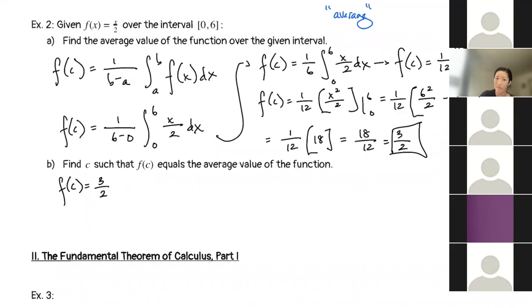Okay, f of c equals 3/2. And now my question is, I want you to find c. So how in the world can I find c if this is all I know? What information might I be able to include here to help out?